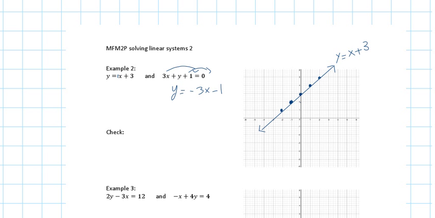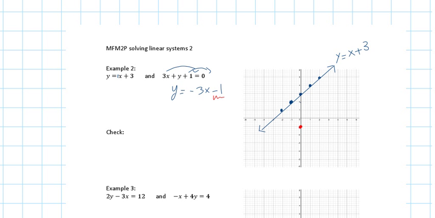For the second equation, what do I have? So where do I start? What's my y-intercept? Negative 1. This is your y-intercept, right? So that's negative 1. And then my slope is negative 3 over 1. So what does that mean?